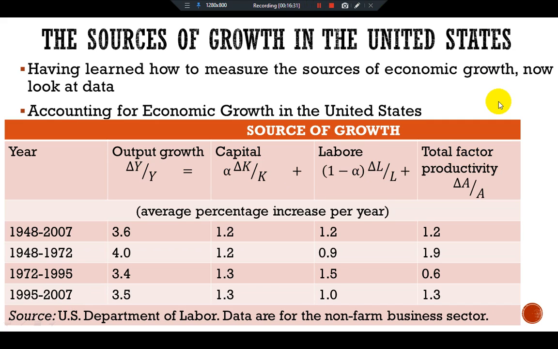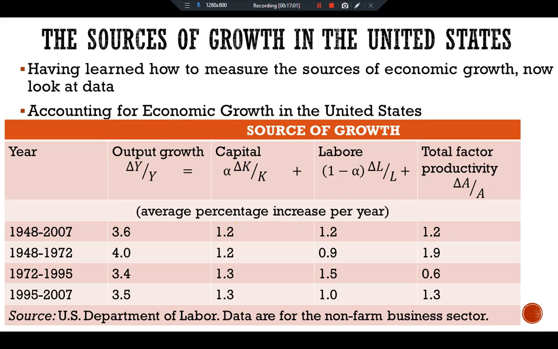This table shows that output in the non-farm business sector grew at an average of 3.6% per year during this time. Of this 3.6%, 1.2% was attributable to increase in capital, 1.2% is due to changes in labor and 1.2% is due to increase in total factor productivity.